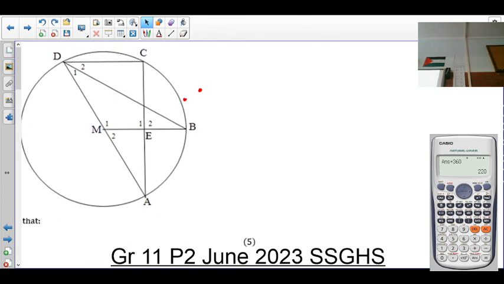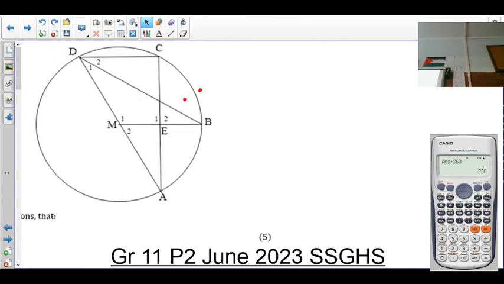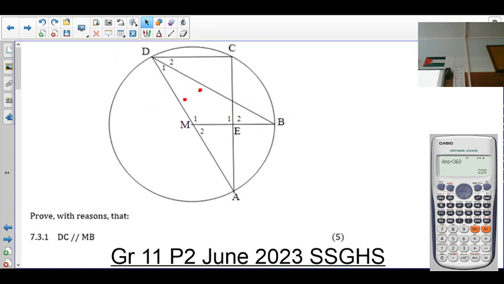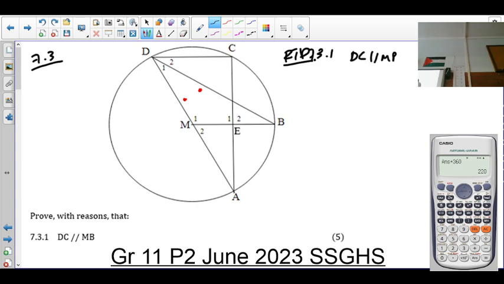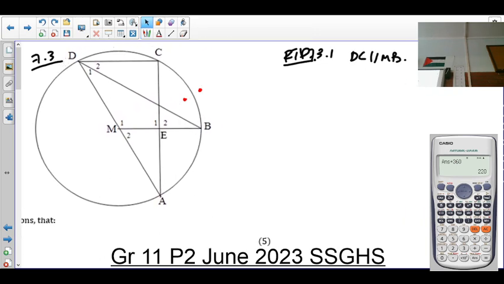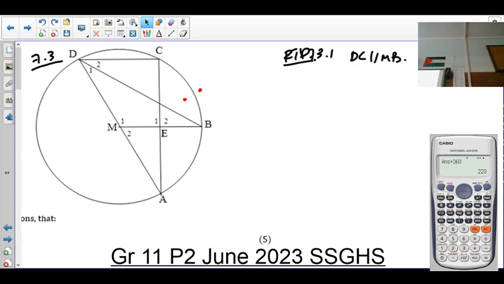So let's pull this over here. The first question says, prove that DC is parallel to MB. So we are required to prove that DC is parallel to MB.